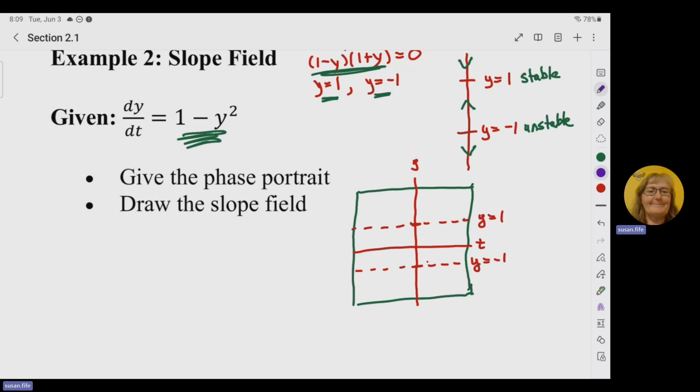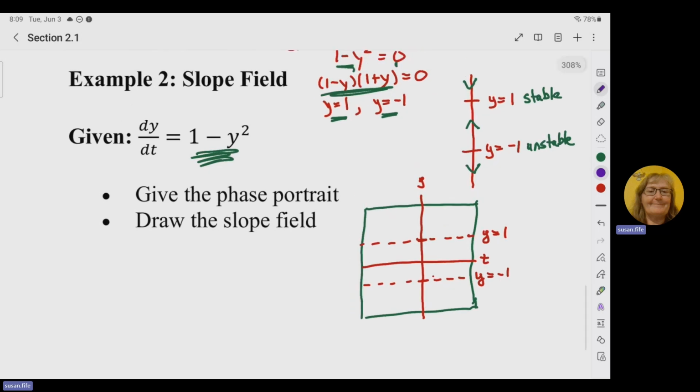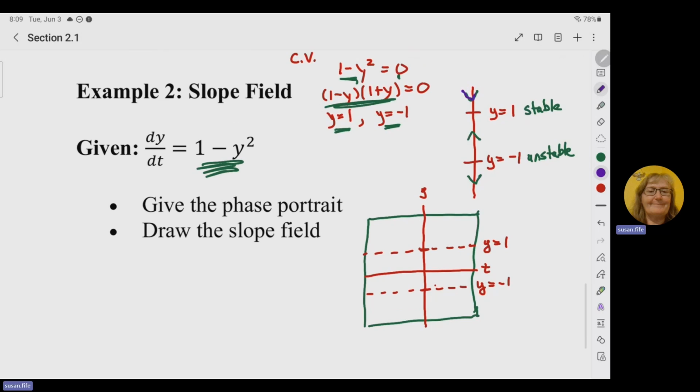Where the slope is 0, you're going to have horizontal tangent lines represented by those horizontal marks that I've drawn there. Above y equals 1, my slope is negative. A negative slope is the slope that goes down to the right. And so I'm going to draw this. Think of t as time.